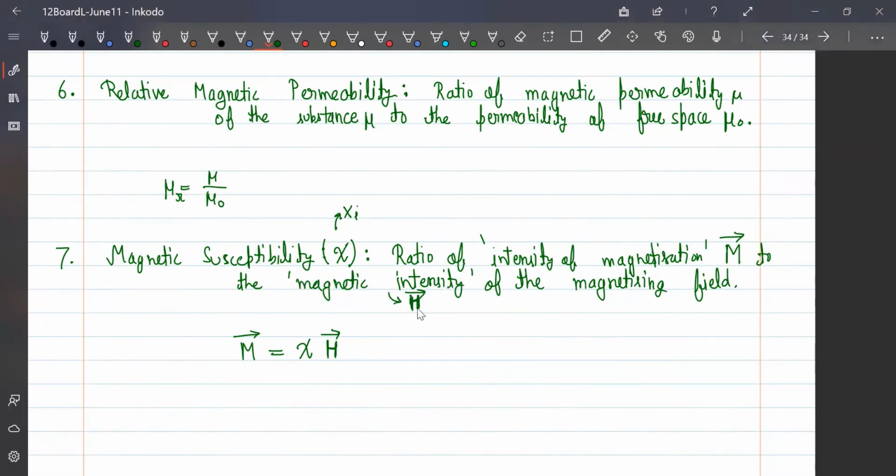Magnetic intensity of the magnetizing field is H vector. So M vector and Xi vectors are related like this. But we also have electric susceptibility. So that's why I'm writing as Xi M. Xi M is magnetic susceptibility. Note this down, then I will relate all these quantities.